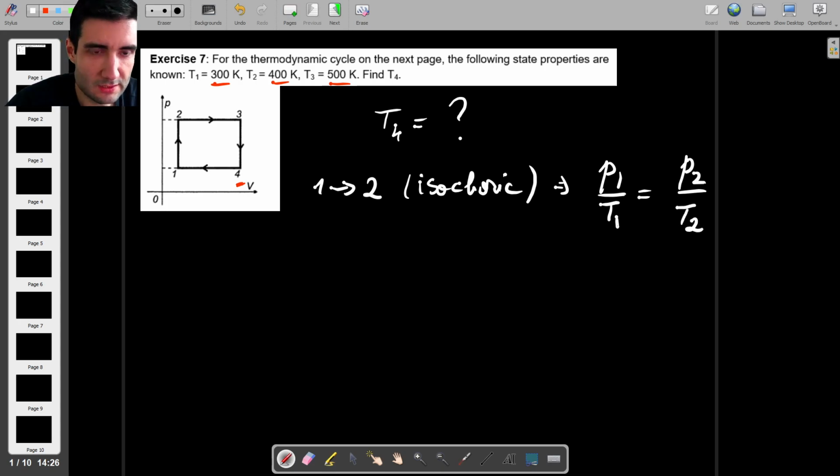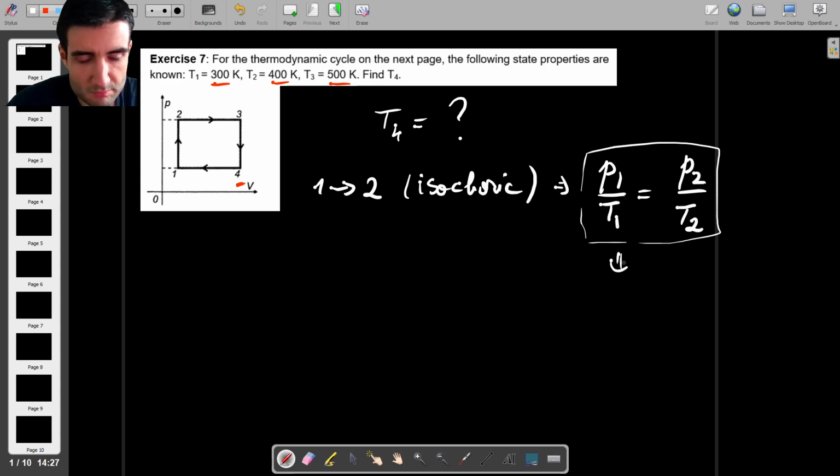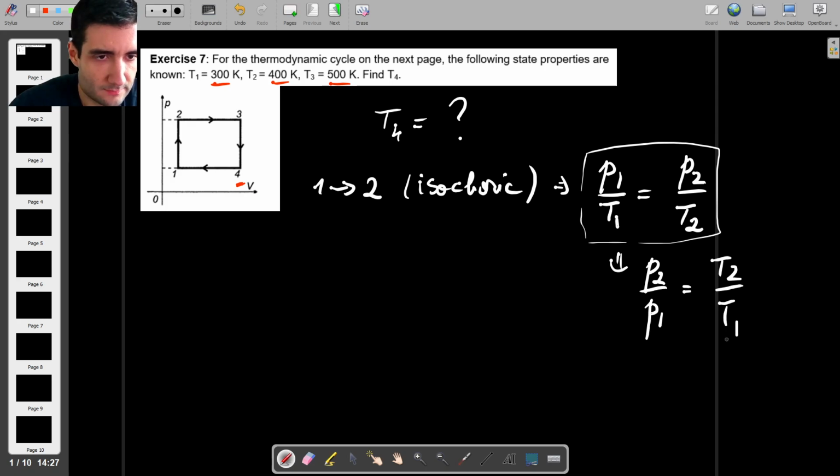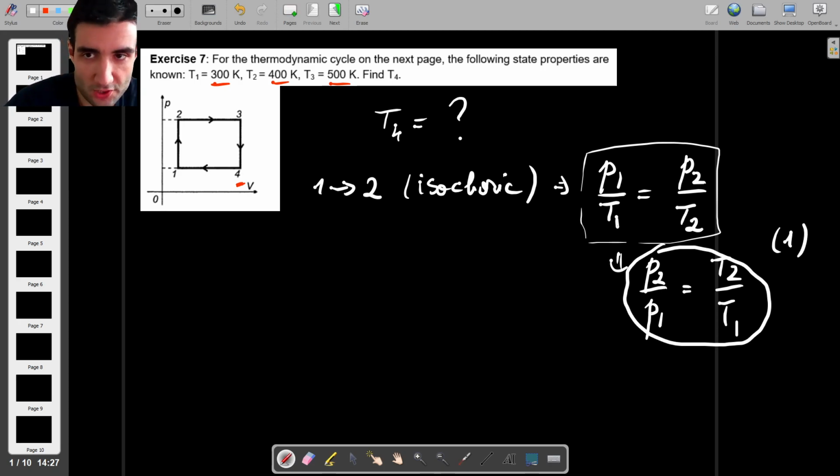Now, we know T1 and T2, but this allows us to get a relationship between P1 and P2. So we have P2 over P1 equals T2 over T1, which is nice. We don't know if we're ever going to use this, but we're going to call this equation 1.